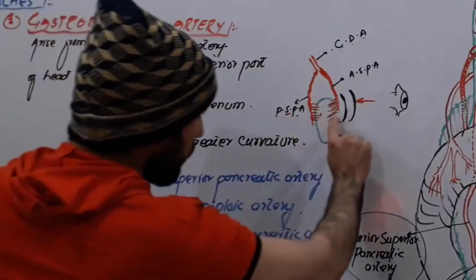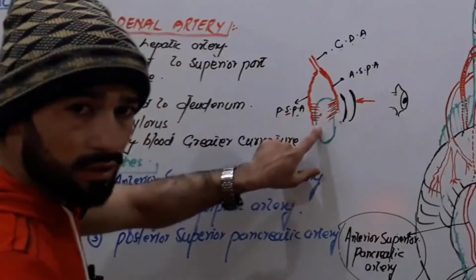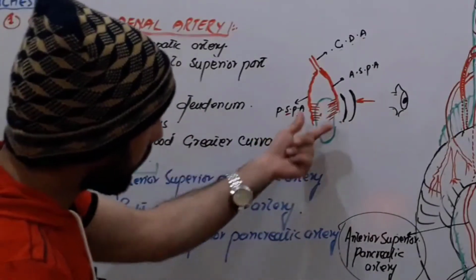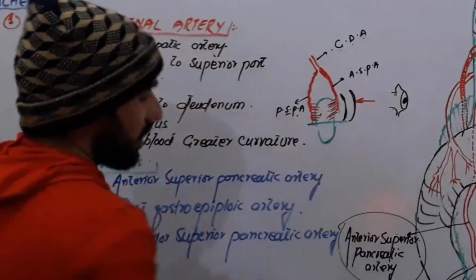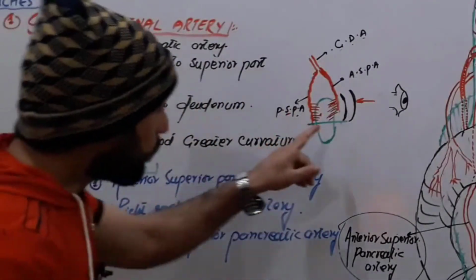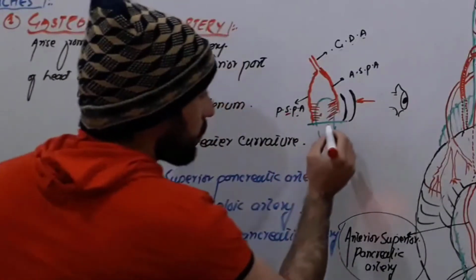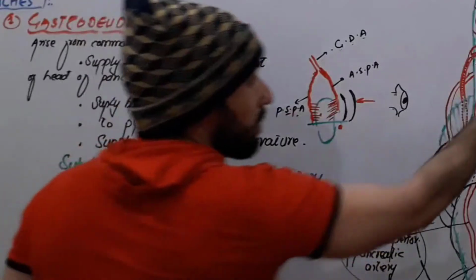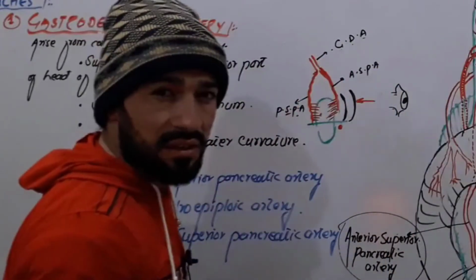Clear, friends? So the head of the pancreas gets its blood supply from two arteries. This is the upper, superior part, and this is the inferior part. Where does the inferior part get its blood supply from? You know that, friends, after this artery there is another big branch, which is called the superior mesenteric artery.